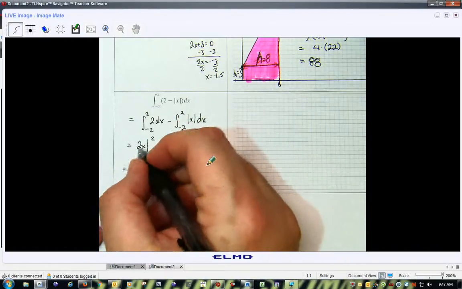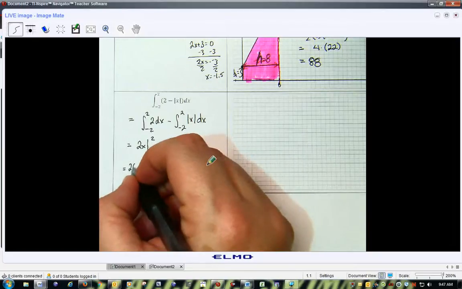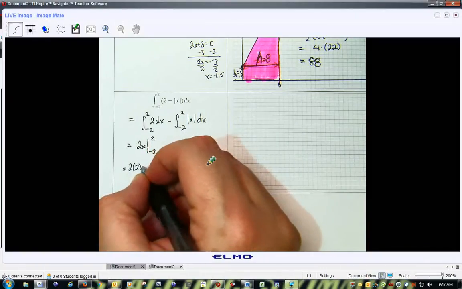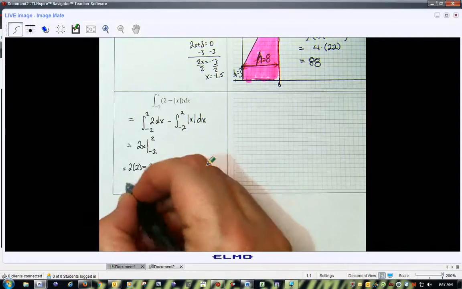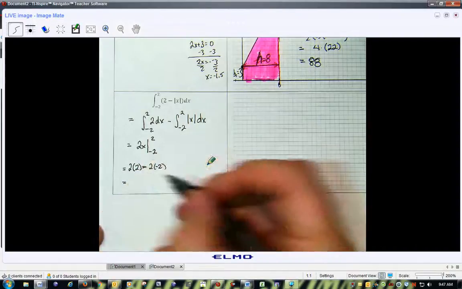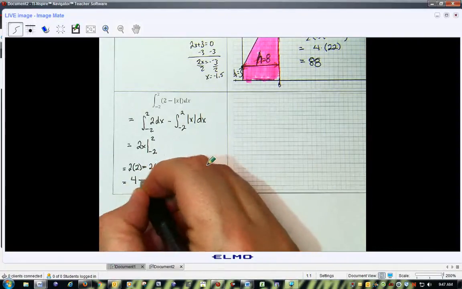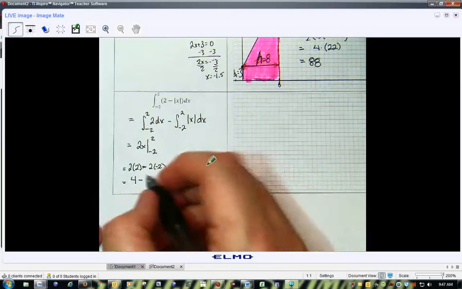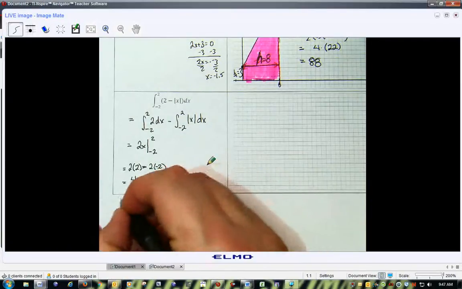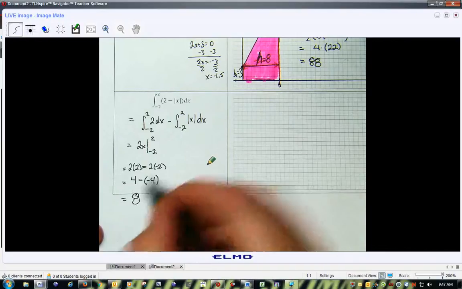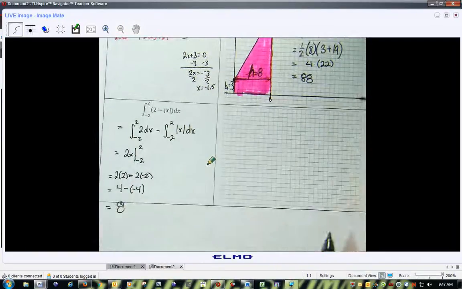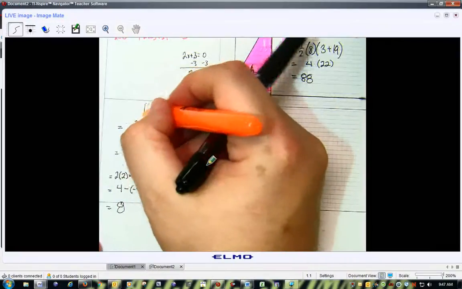So I take 2, plug it in, so I get 2 times 2, and then I have to subtract 2 times -2. What's 2 times 2? 4. Minus, what's 2 times -2? -4. So what's this part of it? 8. By doing that, I took care of this part.